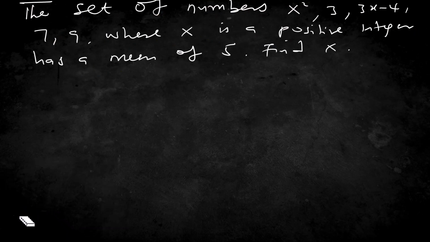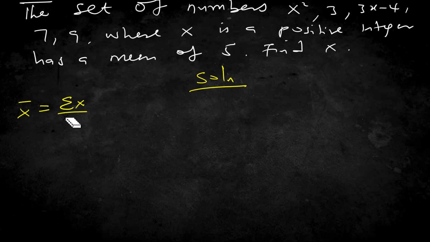All right, so let's look at this question. We are still under mean. The set of numbers x squared, 3, 3x minus 4, 7, 9, where x is a positive integer, has a mean of 5. Find x. Remember, mean is given by the summation of x over the total number.